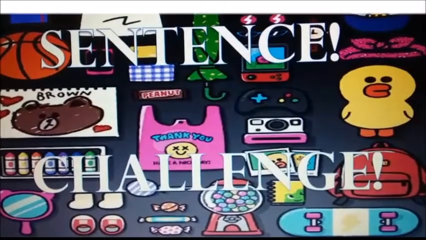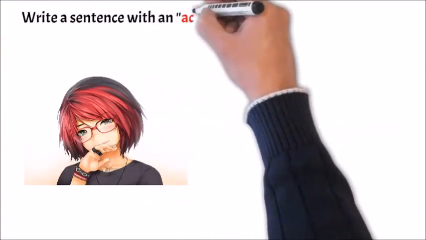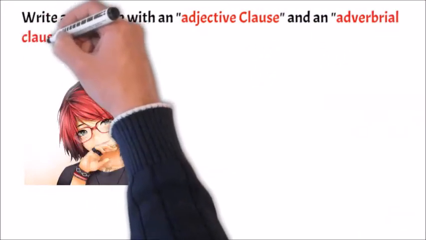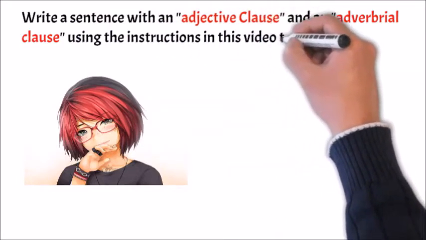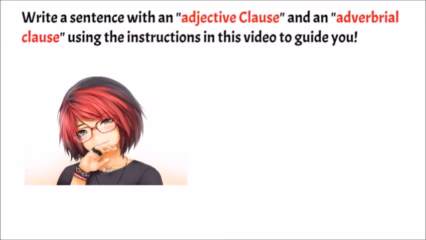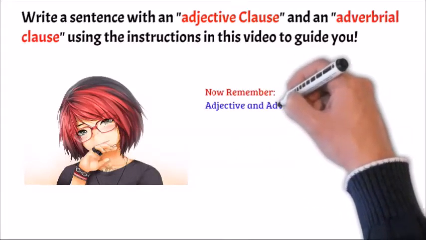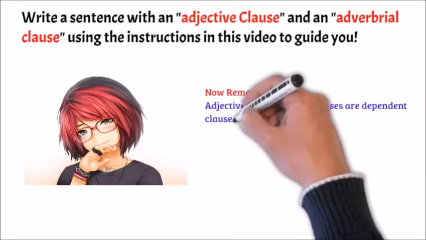Now for this week's sentence challenge. Write a sentence with an adjective clause and an adverbial clause using the instructions in this video to guide you. Now remember, adjective and adverbial clauses are dependent clauses.